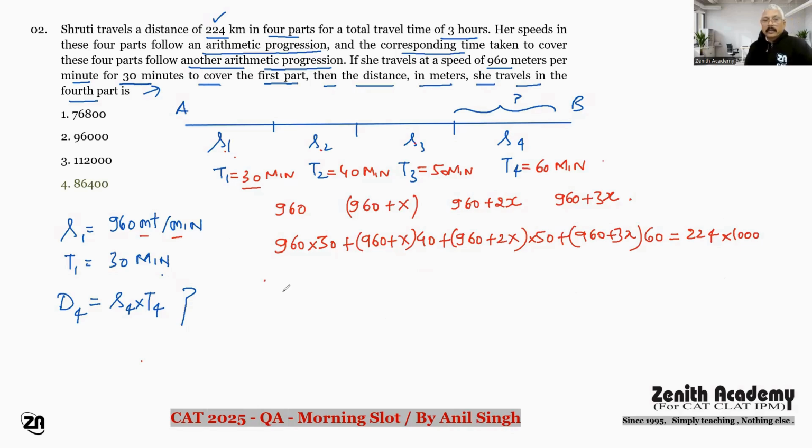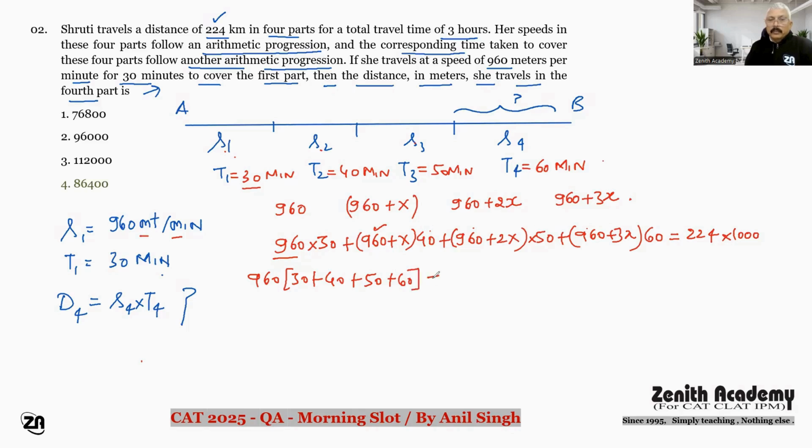Like here, we can take this 960 into 30, 960 into 40, 960 into 50. You can write it as 960 into 30, 960 into 40, 960 into 50, and 960 into 60.